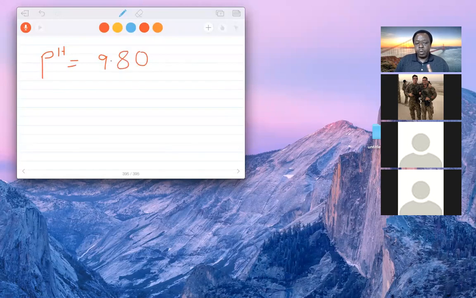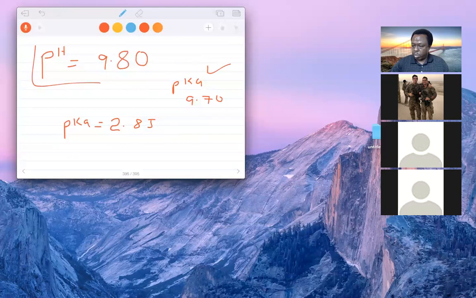You will look for a weak acid whose pKa is closer to the desired pH. There is no way you can use a weak acid with a pKa of 2.85 versus a pKa of 9.70. You will pick this one to prepare a buffer solution of 9.8 because it is closer to what you are looking for.